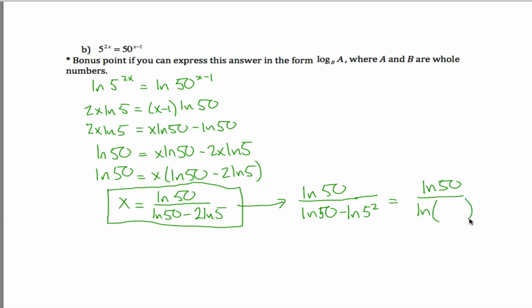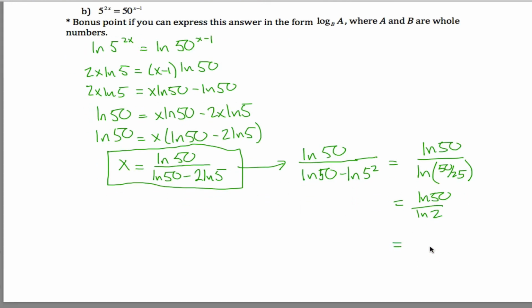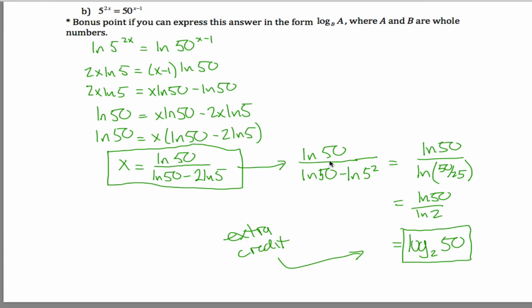So you can now apply your second log rule, which says if you have the log of something minus the log of something else, you can rewrite that as the log of this divided by this. So 50 over 25. So really this thing here is just the natural log of 50 divided by the natural log of 2, which you can rewrite using your change of base formula as the log base 2 of 50. Extra credit. So there you go. That's the end of this video.